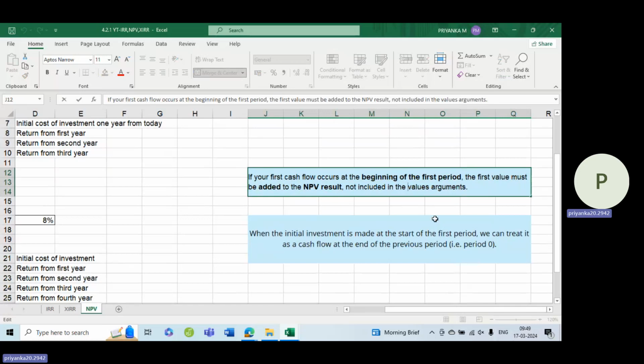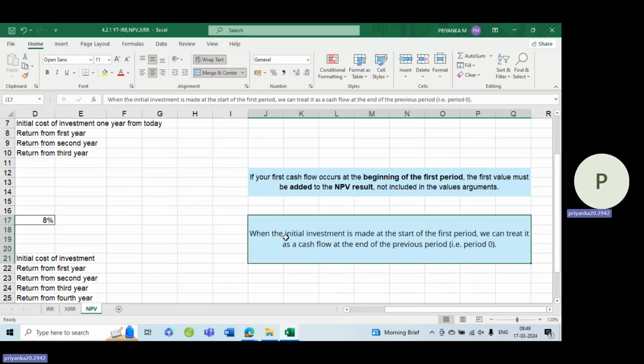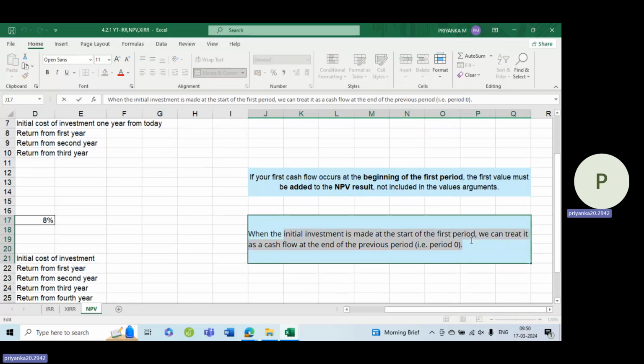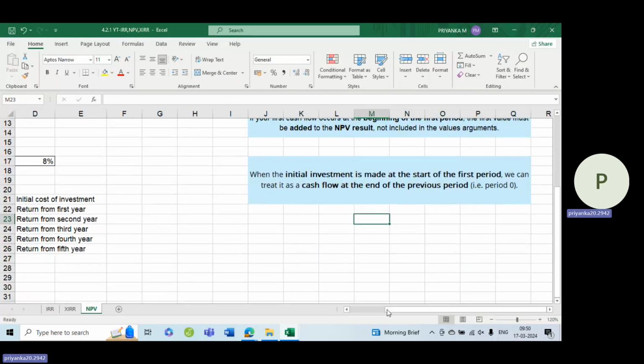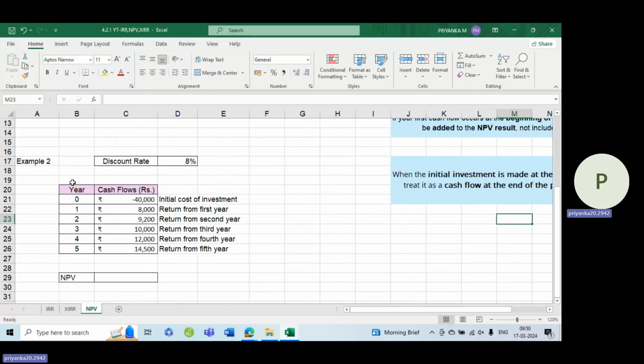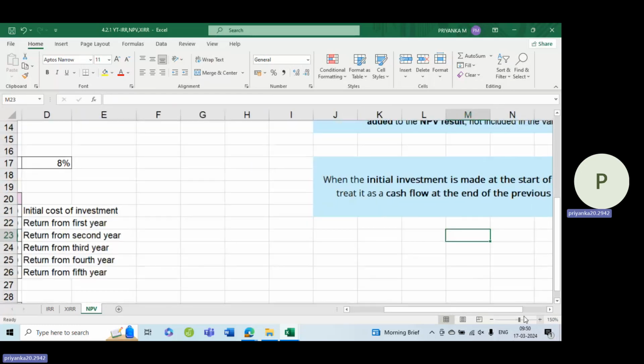We'll see when we are working it out what they mean. When the initial investment is made at the start of the period, we can treat it as a cash flow at the end of the previous period, that is period zero. Now, this is my second example.